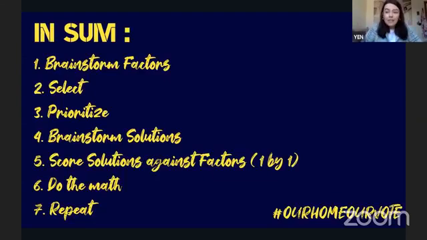But in sum, this is how you use a decision matrix, and you can use it for any different thing. I've used a decision matrix for deciding what university to go to. My factors were the campus, the cost, the level and quality of education, things like that.